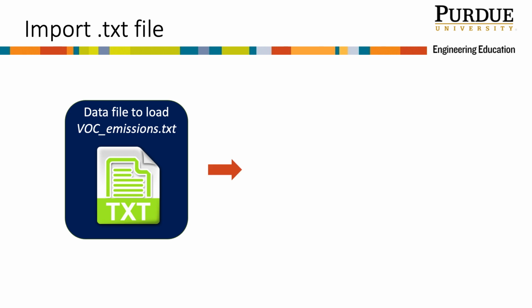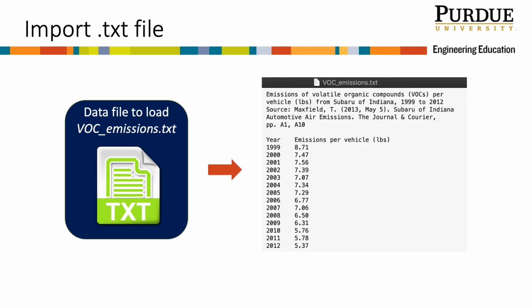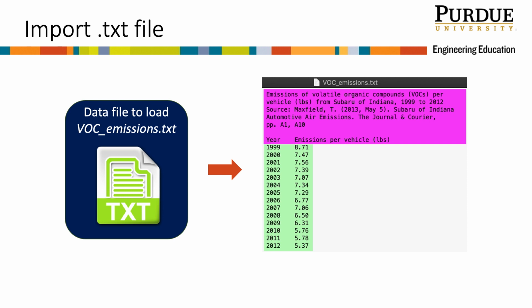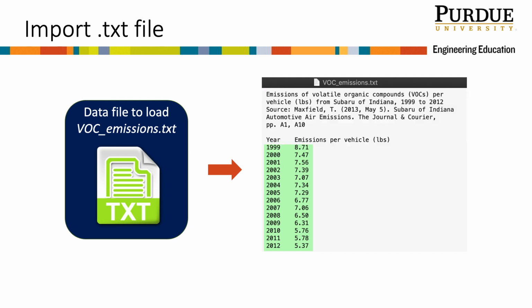This txt data file contains the amount of volatile organic compounds produced per vehicle at Subaru of Indiana from 1999 through 2012. It contains both information about the data and column headers, along with numeric data. The readmatrix command will ignore any rows that have no numerical data in them and start on the first line with numerical information. In this case, that begins on the line that starts with the year 1999.